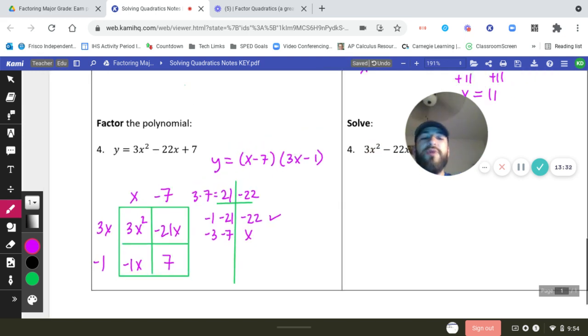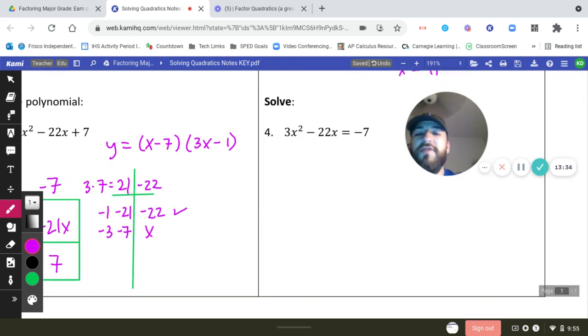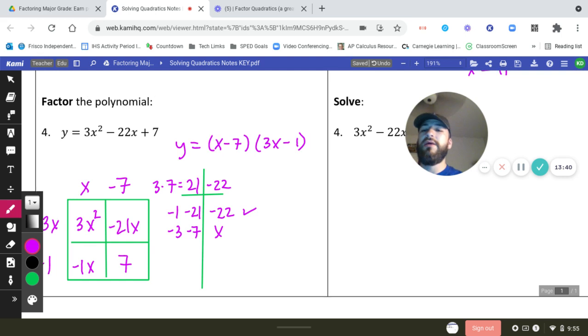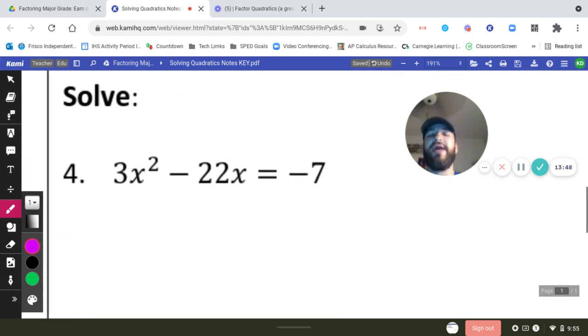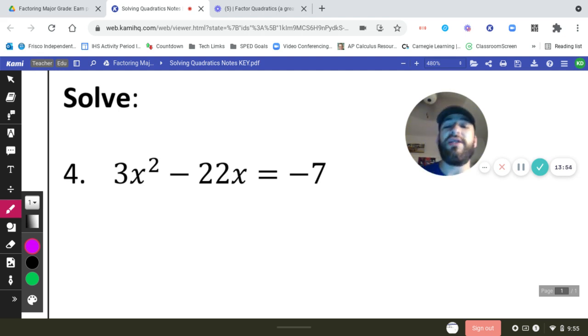Okay, let's go over to our solving step. Solve 3x squared minus 22x equals negative 7. Ooh, that's weird. That's not the function we started with. Sometimes you're going to get these solving ones that aren't already ready to go, with all of our terms over on the left side. Notice we still have our ax squared, our bx, and our c. C is just stuck over on the other side of the equal sign. So we can use our solving steps to move that negative 7 to the other side.